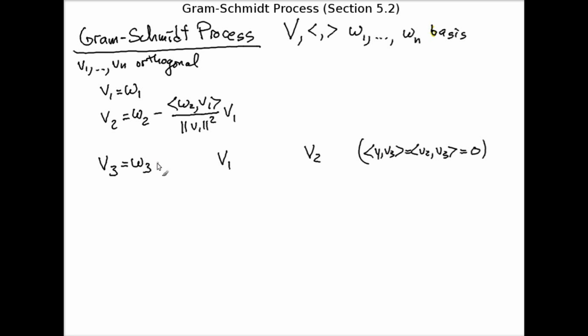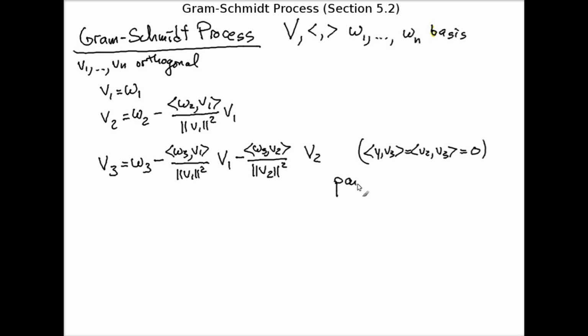And the way I do that is I choose the multiple as follows. Here I put W3 V1 over the length of V1 squared, and here I put W3 V2 over the length of V2 squared.